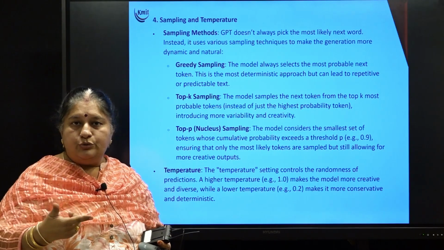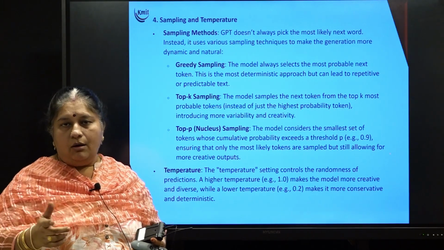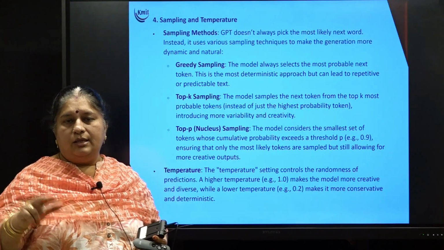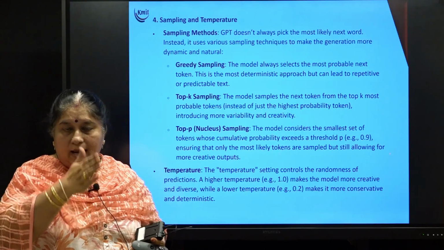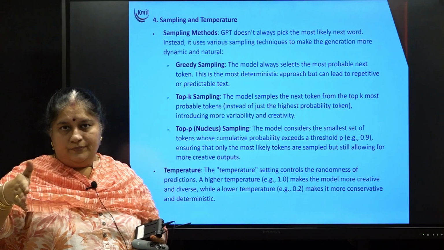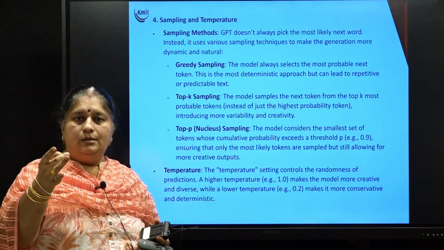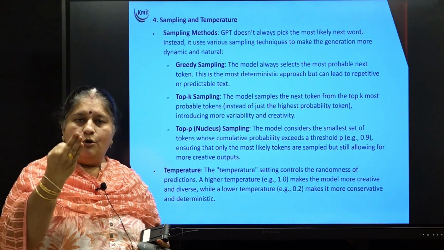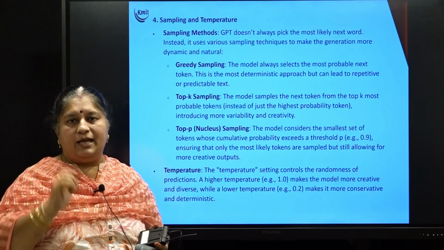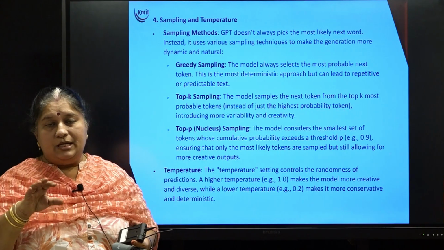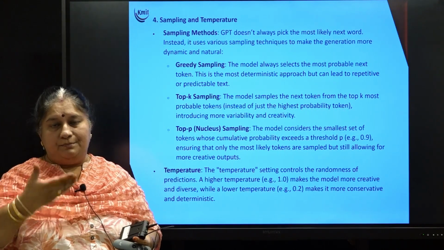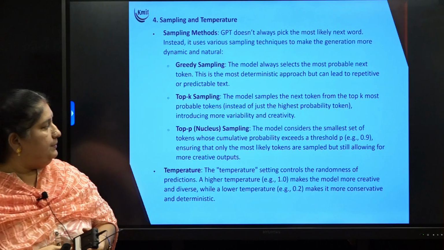There could be a couch for the cat, or the cat is sitting on the lawns. So what are the options now? Chair, couch, lawns. Among these three, any one word can be generated. If GPT is using this kind of sampling, we say it is using top K sampling.